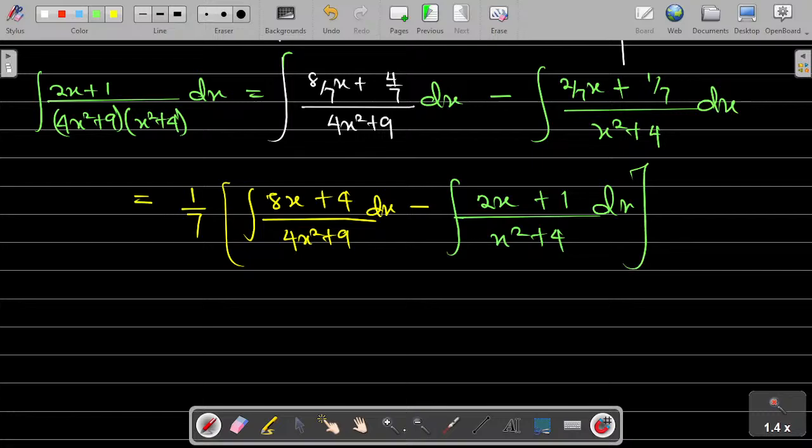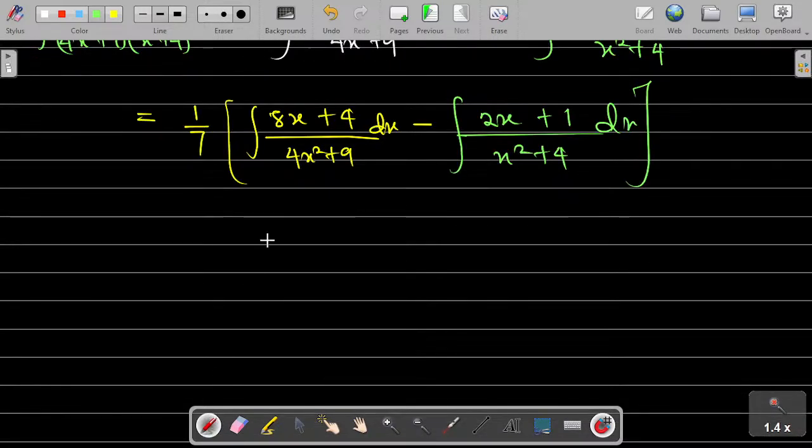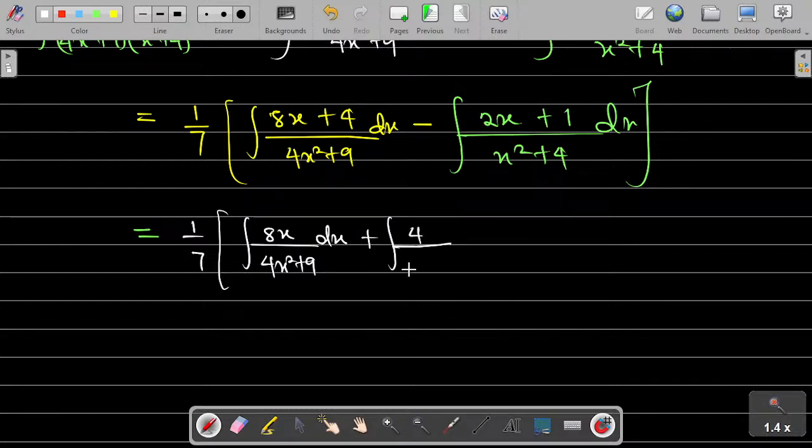Okay, so now notice that we can further do something else. And what is it? Try to split the fractions. So you are going to have 1 over 7 into the bracket of the integral of 8x all over 4x squared plus 9 dx. That's for this one. Then plus this other one, which is the integral of 4 all over 4x squared plus 9 dx as well.